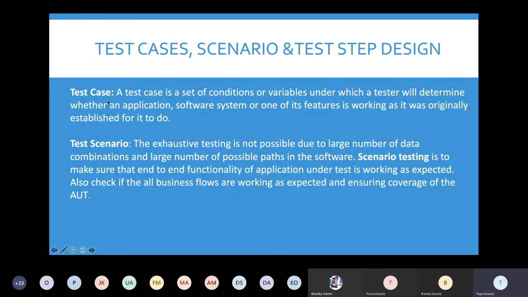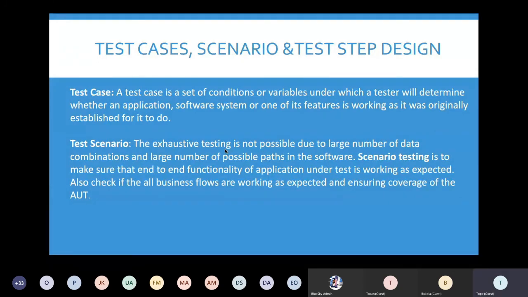So you need to draft good test cases and test scenarios. Exhaustive testing is not possible due to the large amount of data, so you need to ensure that you have good test scenarios that give a good combination and good test coverage for your software to be tested properly.